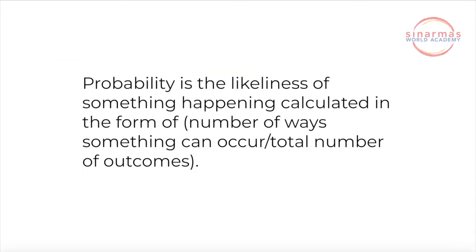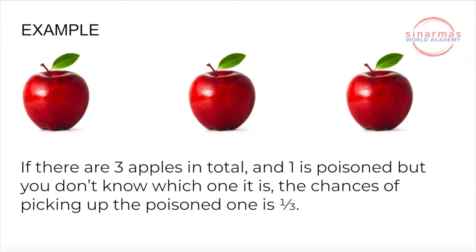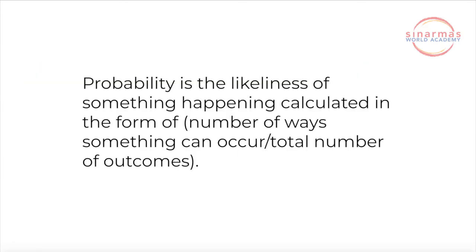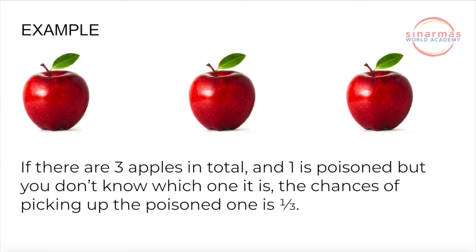This is because the number of ways something can occur, picking the poisoned apple, is only 1, over the total number of outcomes, which is the 3 apples in total. While the chance of picking up a not poisoned apple will be 2/3, since there are 2 apples that are not poisoned, while there are 3 apples in total.